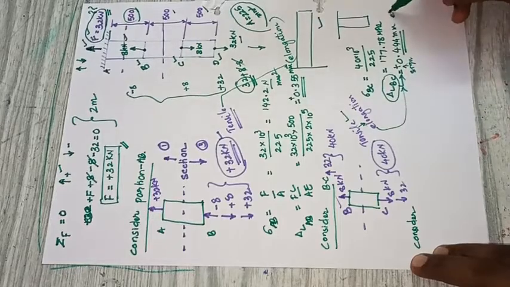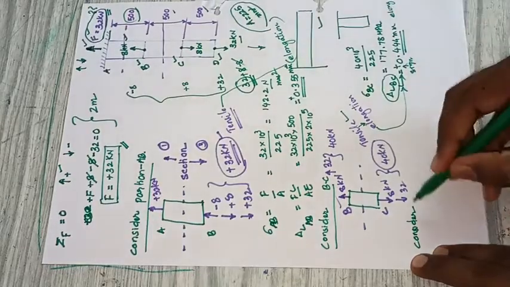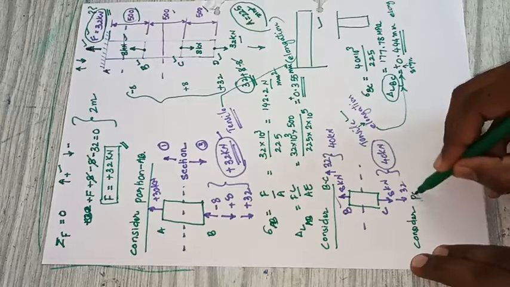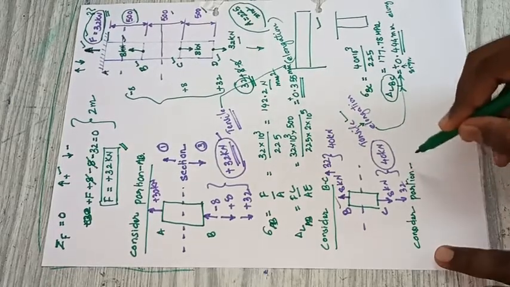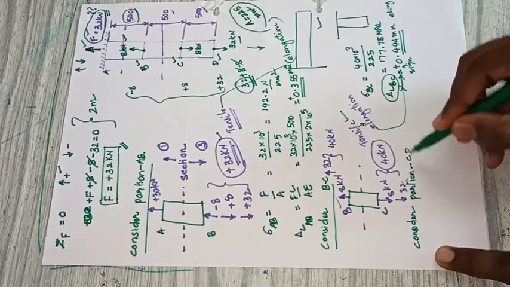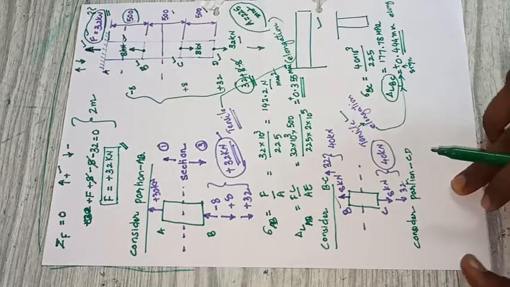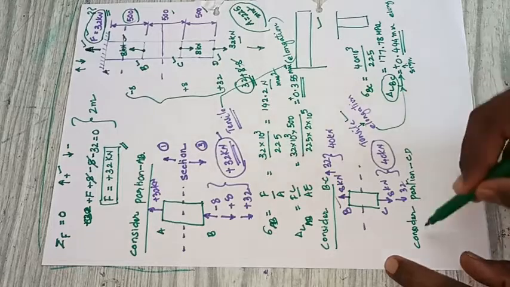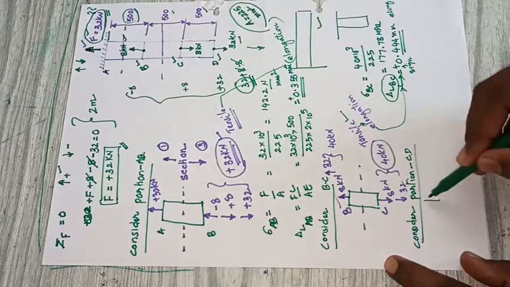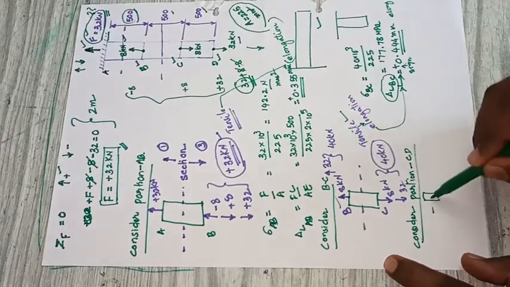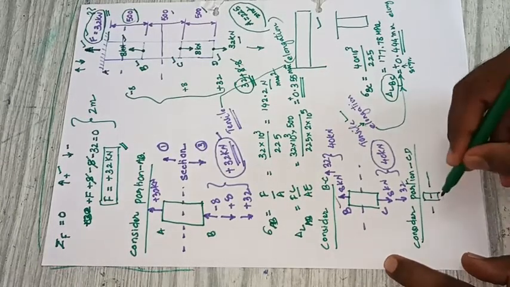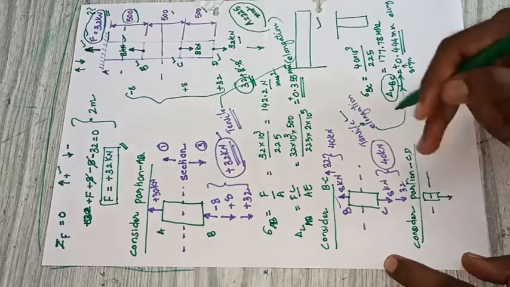Then consider the portion CD. Once again I will draw the figure of that, like this. Taking a section here, the force 32 is acting below the section.